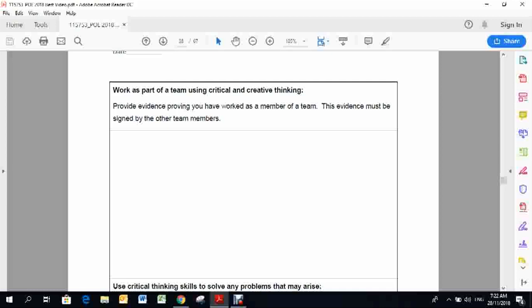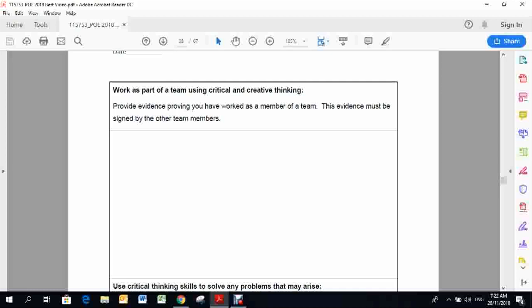So you need to look at where you're working, where you have one objective at the company, and that objective is achieved by different people who are working towards achieving it. So indicate how you are able to work as a team. It could be a department where you are in human resources or accounts.